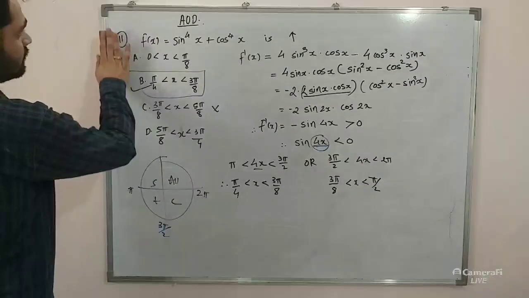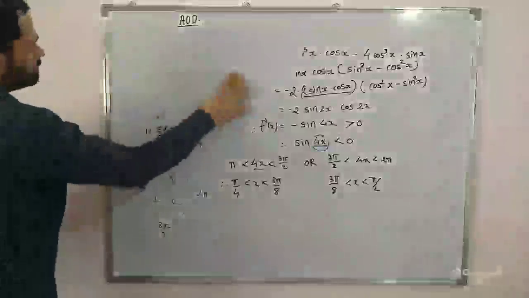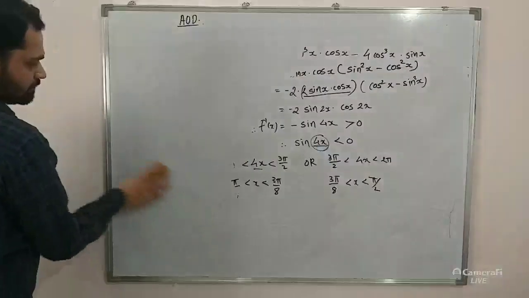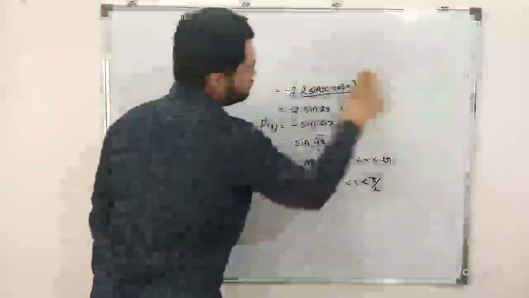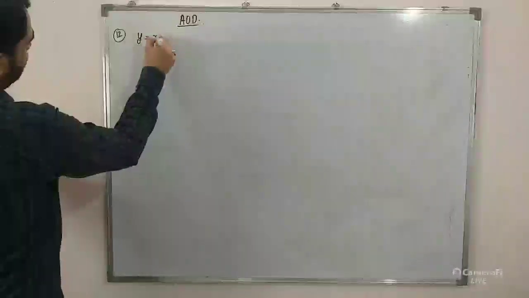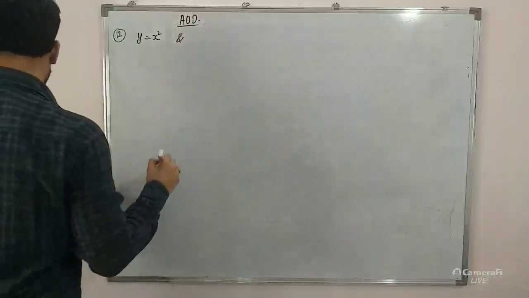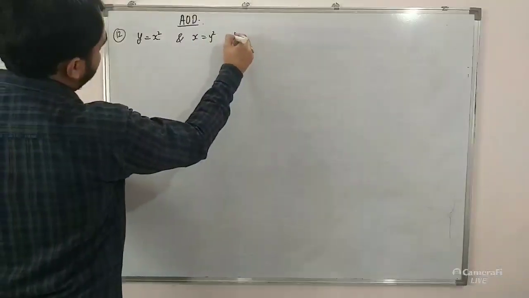Question number 12. Okay, in the 12th question, y is equal to x square and x is equal to y square at 1 1.